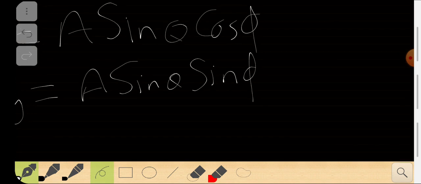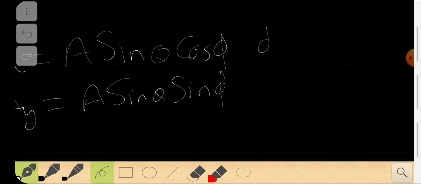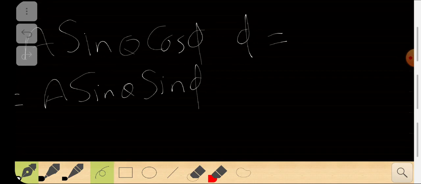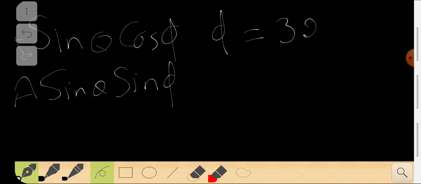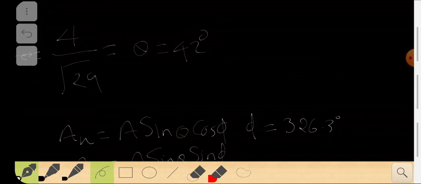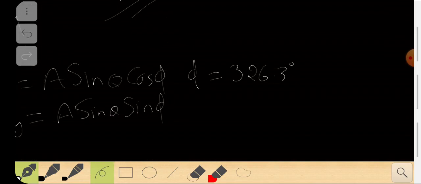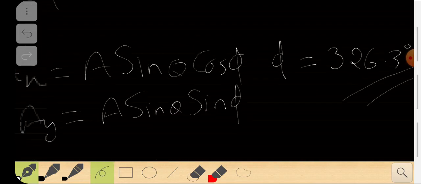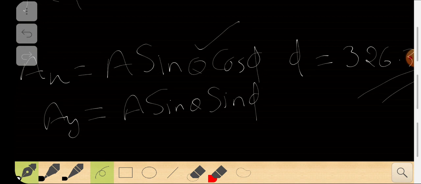Now you get phi if you solve this. I leave that to you. If you solve this, you get phi, which is around 326.3 degrees, and theta, which we already got, is 42 degrees. You substitute the theta value here, you know the A value, and you can find out the phi value.